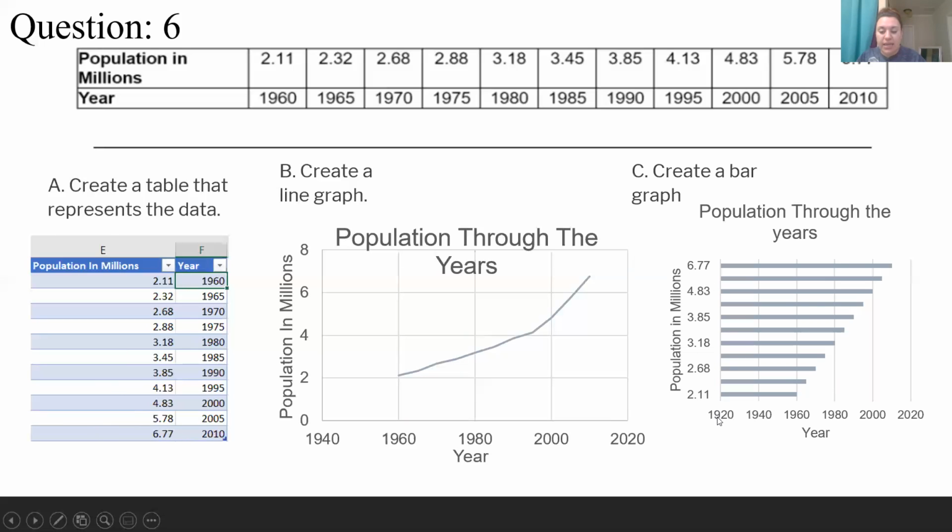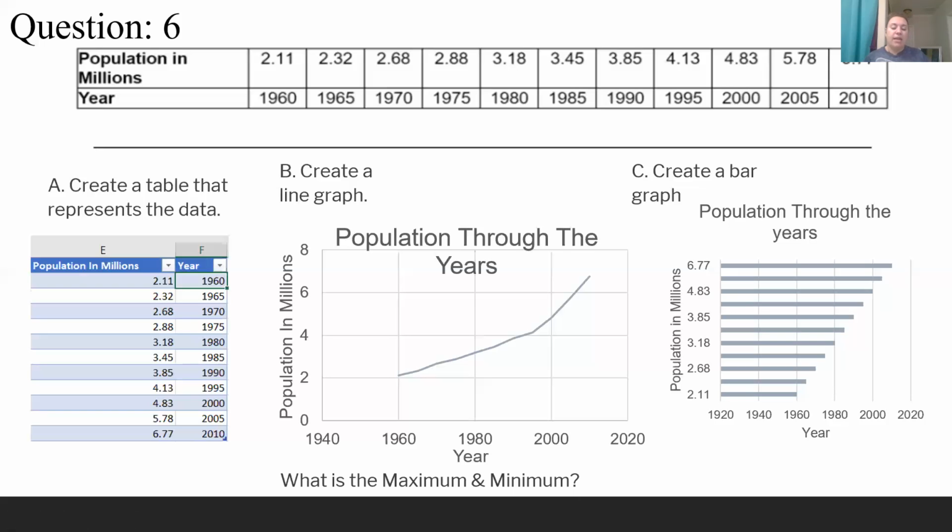It shows that in 1960, our population was 2.11 million, and then 1965, it was 2.32. It just shows you how much it increased. And then you can see how everything slowly raised up here. And then when you got here, it shot up very quick. It wasn't just a gradual increase anymore. It went very fast. It was like a greater slant.